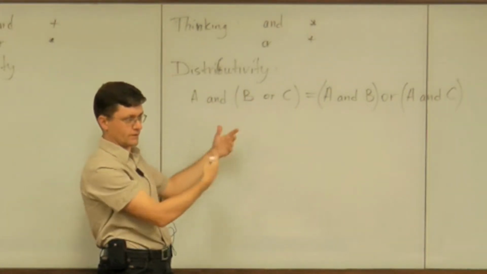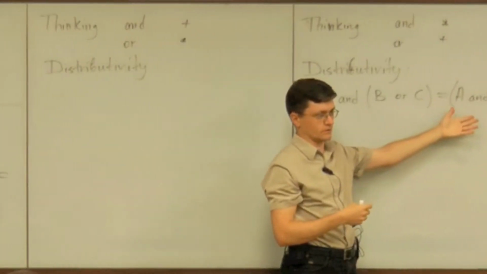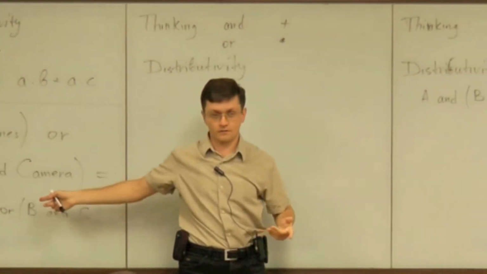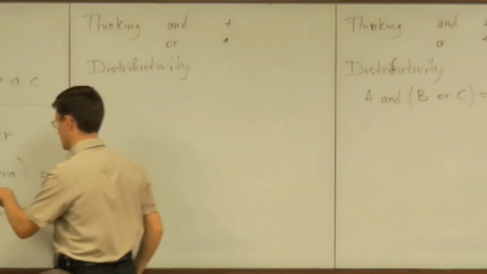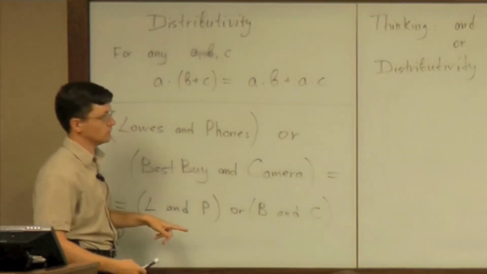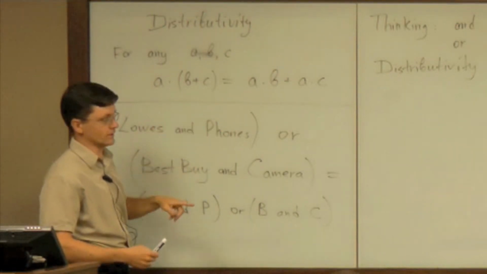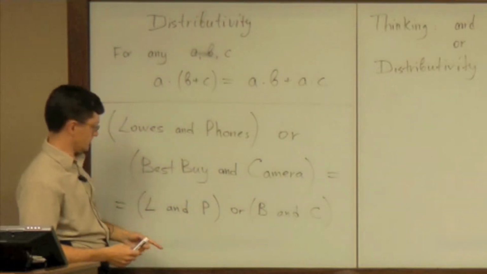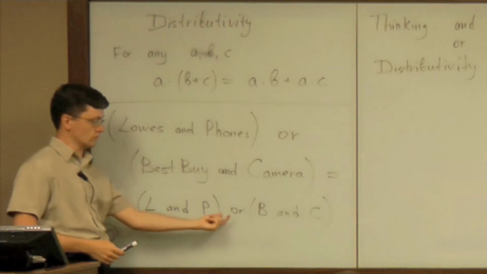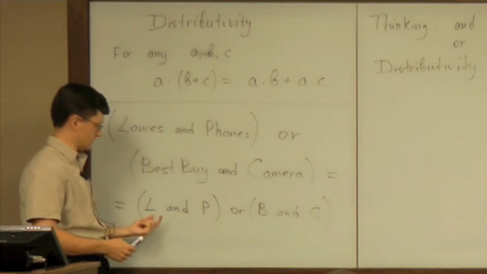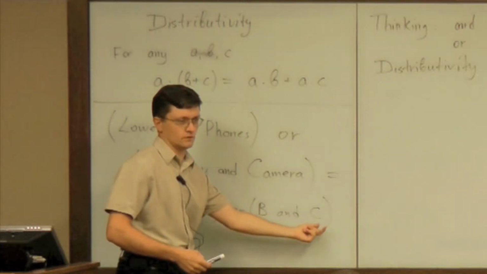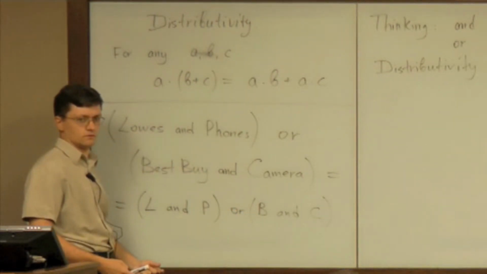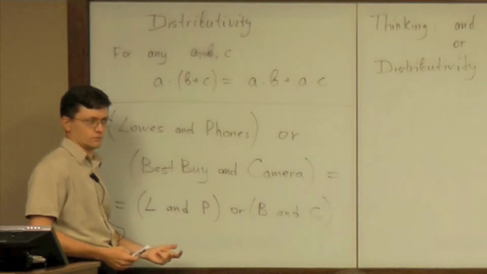So that gives me some freedom of manipulating statements like that. Right? So can we apply that now? So using second thinking, and is multiplication or is addition. What we have here is L times P plus B times C. Not that much that you can do about it, right?